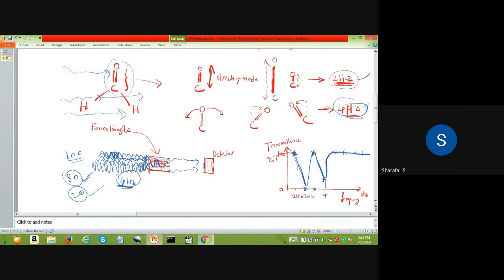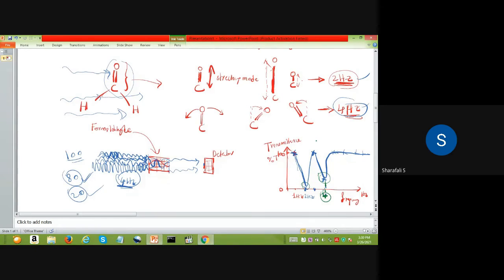By analyzing these frequencies where you are getting these peaks of absorption, or peaks in the transmission spectra corresponding to that absorption, we can predict which kind of molecule is present, or which kind of bonding is present in that particular group.